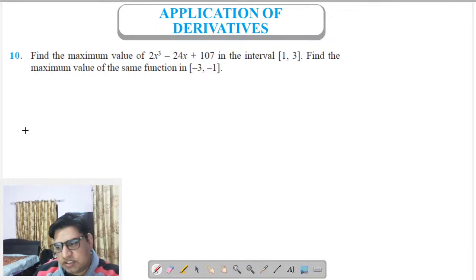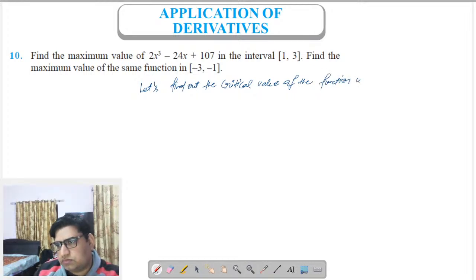What we do here is, first of all, try to find the critical values of the function, where f dash x is equal to 0.